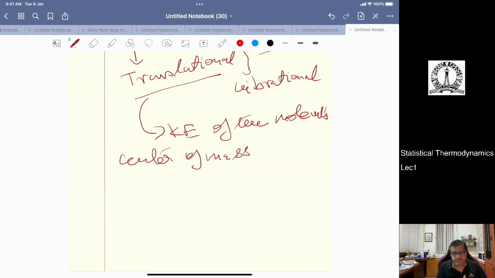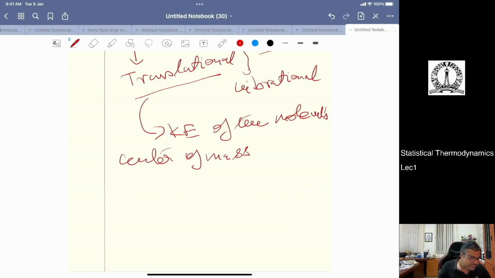So you can understand, each of these modes is very distinct. Translational mode is nothing but the kinetic energy of the molecules. The vibrational mode is basically the vibration of the bond of the molecules. Then rotational is the rotation of the molecule across different axes. And electronic is basically the energy that is stored by the electrons due to their motion in the molecule.